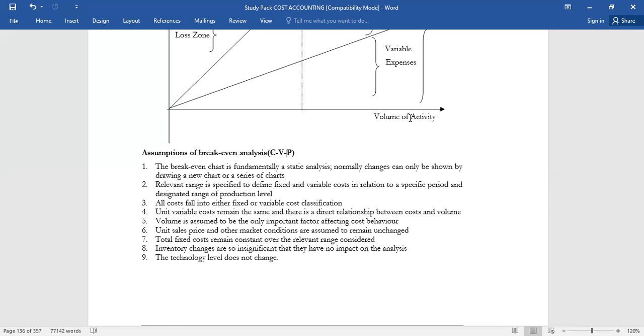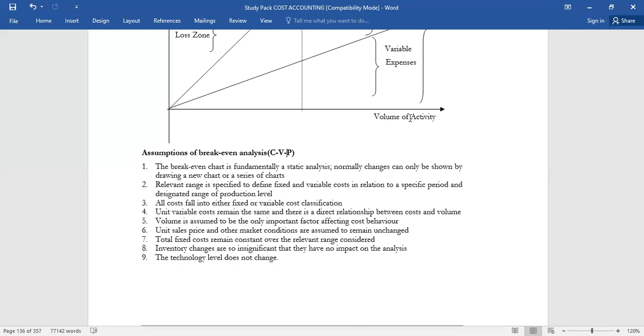They are pushed by the forces of demand and supply. So when you go to the market, you cannot assume that your unit variable cost will remain constant. It will not change. But if all your competitors are selling at a lower cost, and assuming you are selling perishable goods, let's say tomatoes, you have to be pushed by the forces. But in this case, we are assuming that our variable costs are constant.